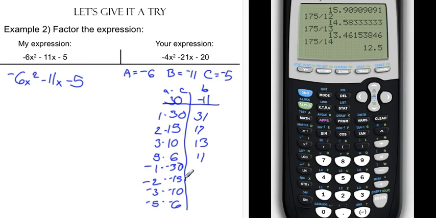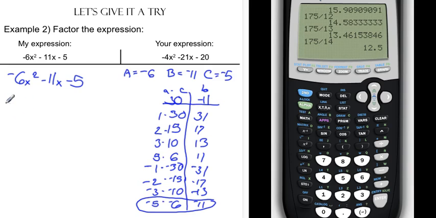And when we add these up, what you'll notice, negative 1 and negative 30 add up to negative 31, just the opposite of what we had there. Negative 2 and negative 15, if I add those instead of multiply, I get negative 17. And you can see this is negative 13. And this one right down here is negative 11.